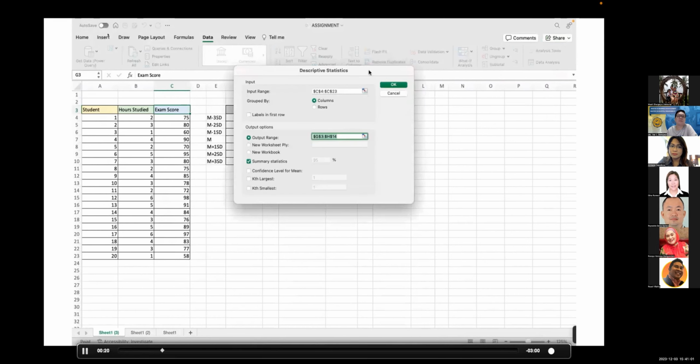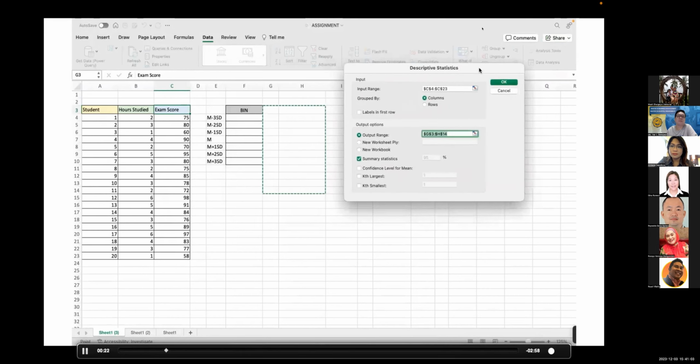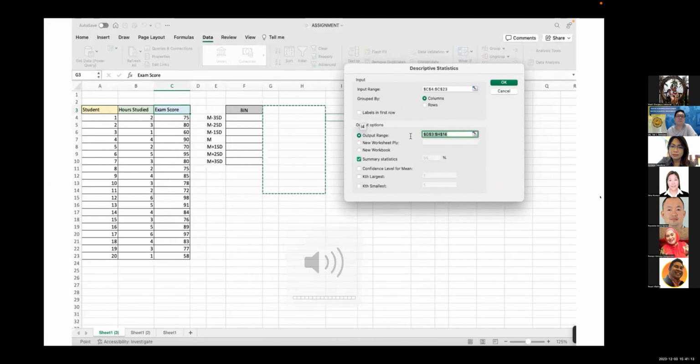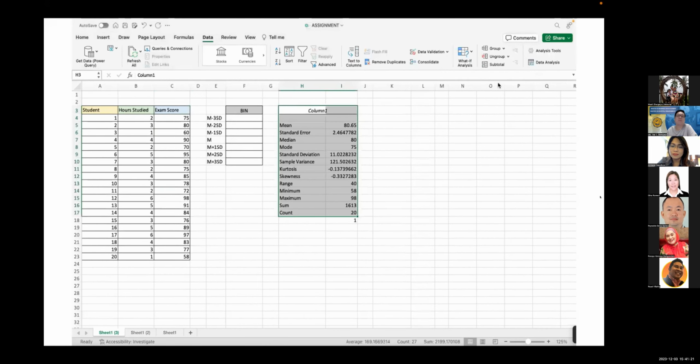So here, we have the input range and the output range. And then the Excel will automatically give us our summary statistics. Okay, so here we can see our mean, median, mode, range, minimum, and maximum values.